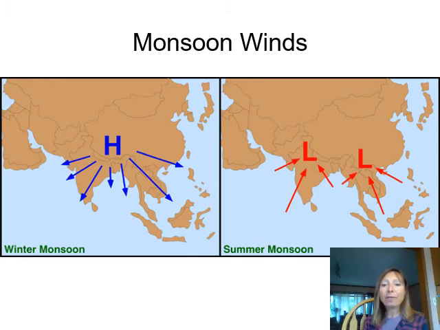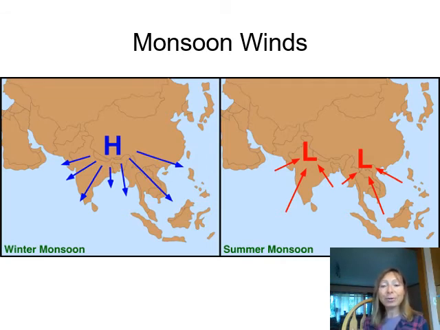During the summer monsoon, it's exactly the opposite. At this time, we have a low pressure zone over Central Asia and southern Siberia, northern India, over China. The continent is very, very warm relatively compared to the surface of the Indian Ocean and the Pacific Ocean.